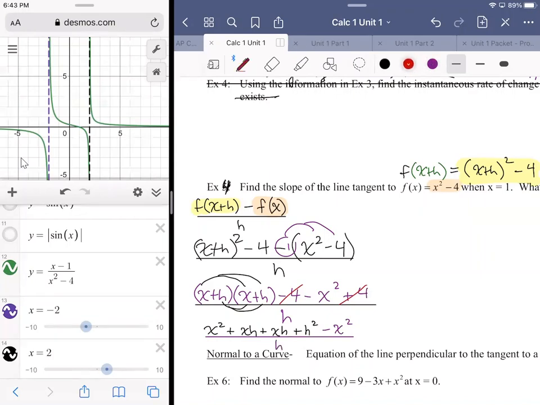We have some like terms. We have some opposites. Opposites can cancel. What we would end up with here as a slope of the secant line would be 2xh plus h squared over h. We have a common h that can be factored out.